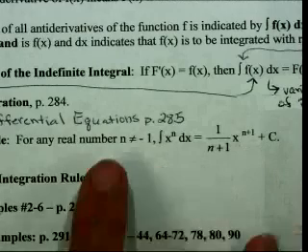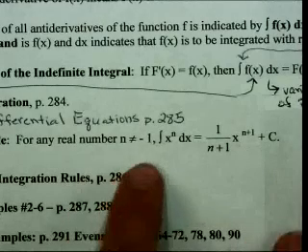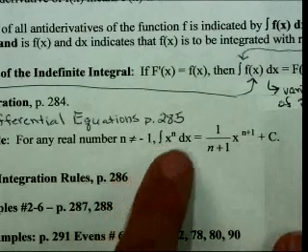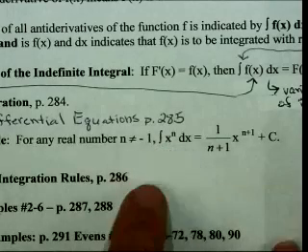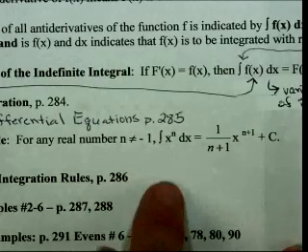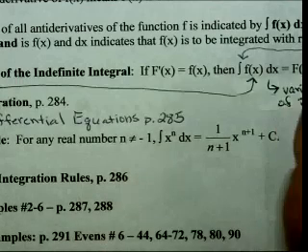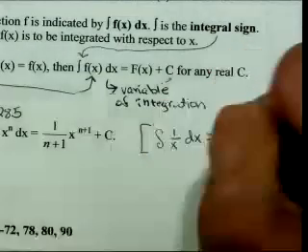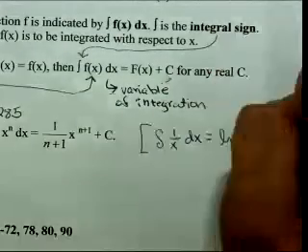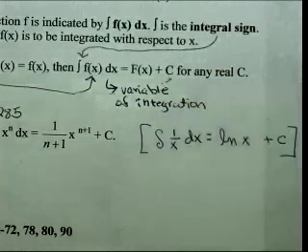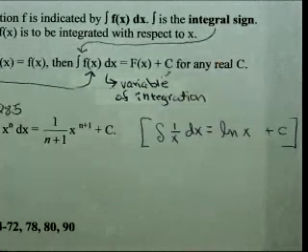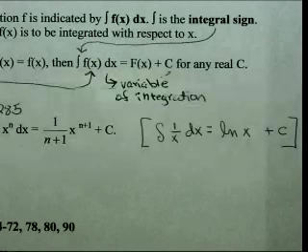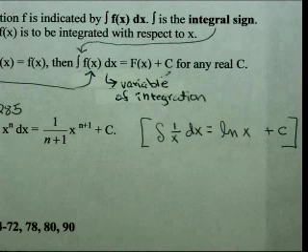But when n equals negative 1, you have x to the negative 1. That's 1 over x, and the antiderivative of 1 over x is natural log of x. So you can't use the power rule on x to the negative 1. That's the only exponent that the power rule doesn't apply to.